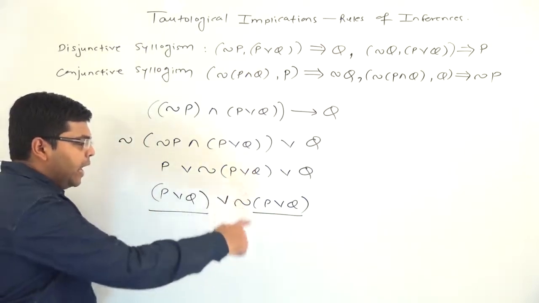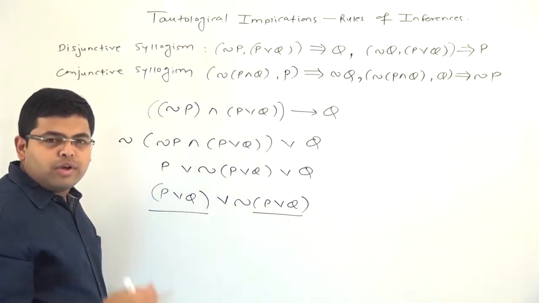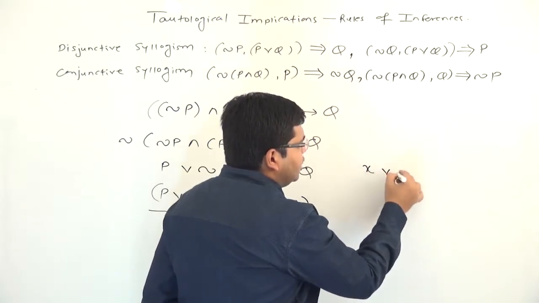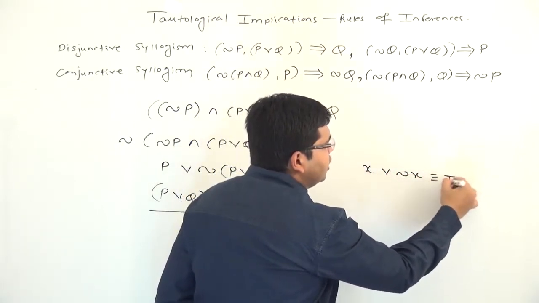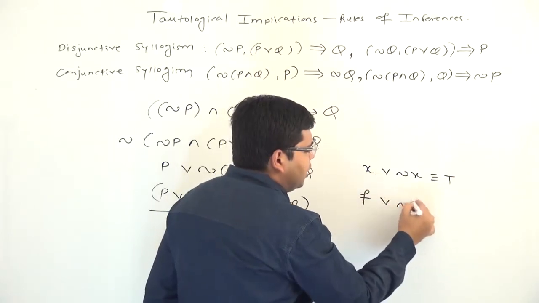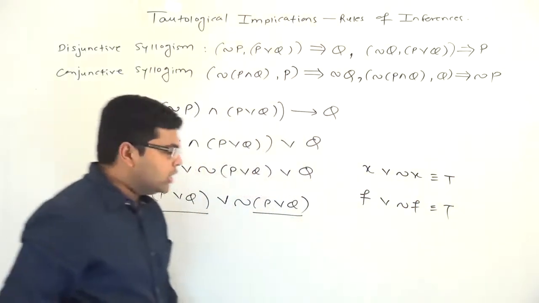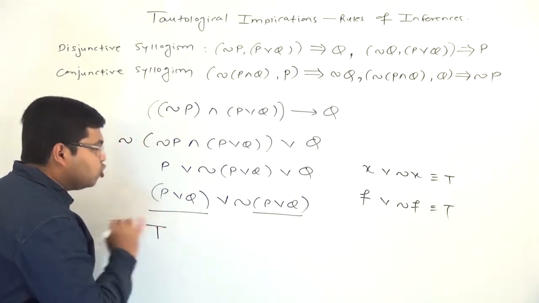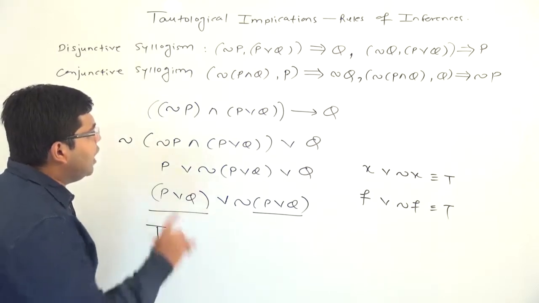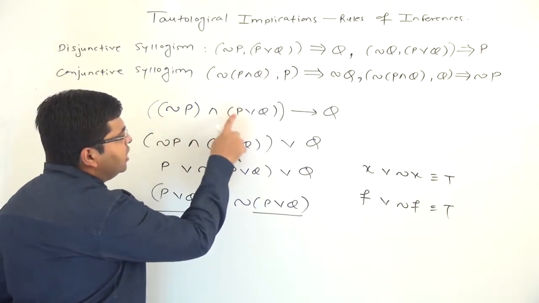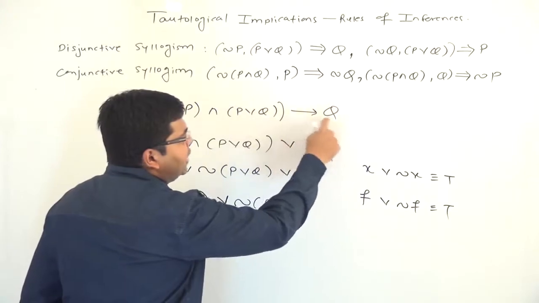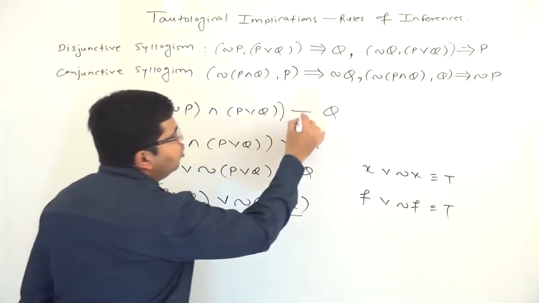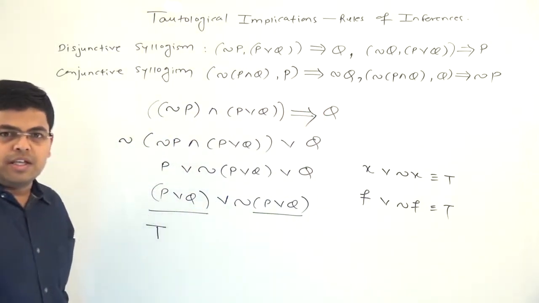By applying the negation law which we had discussed in one of the previous sessions, any variable H or negation of H will always be true. Any formula F or negation of F will always be true. Same case here: a formula or negation of the formula always comes out to be true, and therefore we have proven that negation of P and P or Q implies Q is a tautology, and therefore we can say negation of P and P or Q tautologically implies Q.